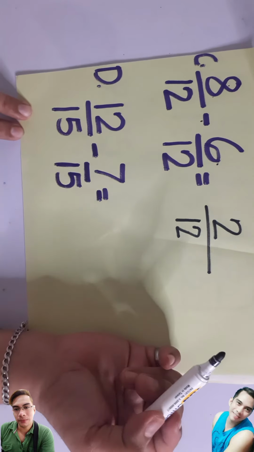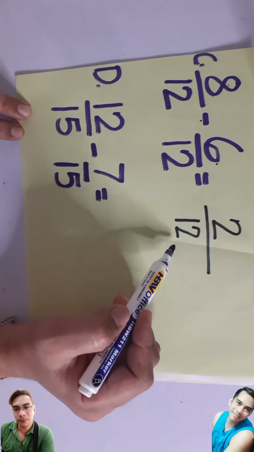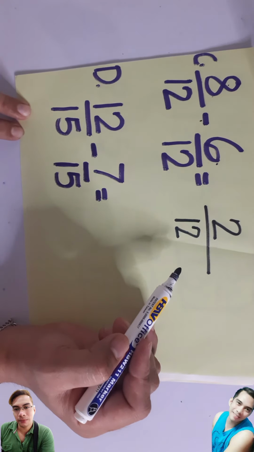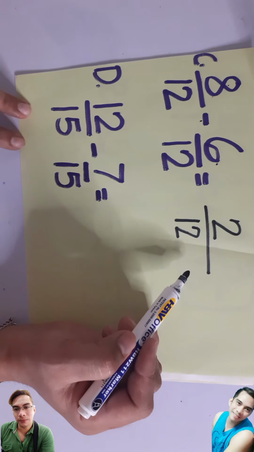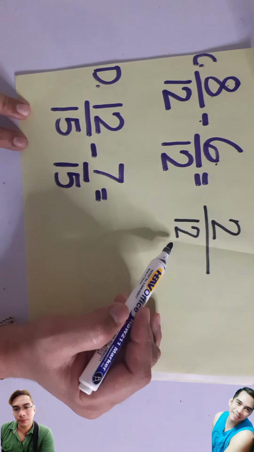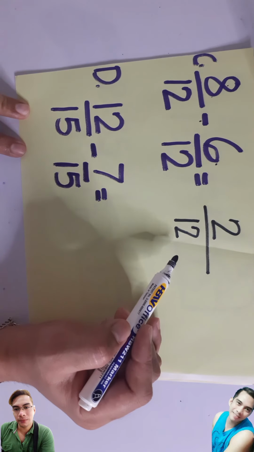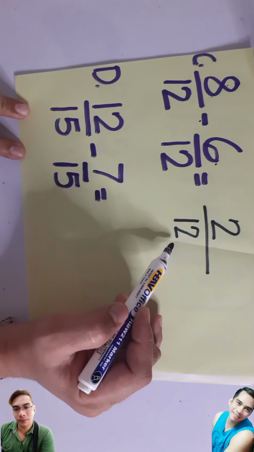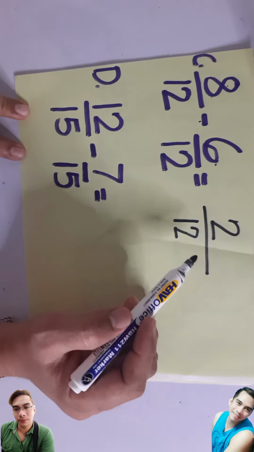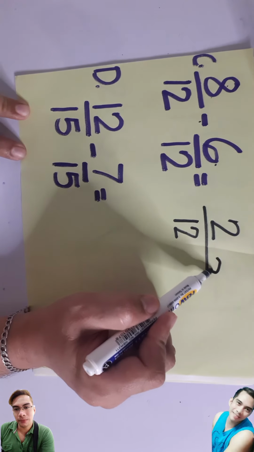So, yung napapansin nyo, ang 2 at saka yung 12 ay pwede pa nating i-reduce sa lowest term sa pamagitan ng tinatawag na common factor o yung kanyang GCF. So, ano po ba yung common factor ng 2 at saka ng 12? Or yung tinatawag nating GCF. So, the GCF of 12 and 2 is 2.